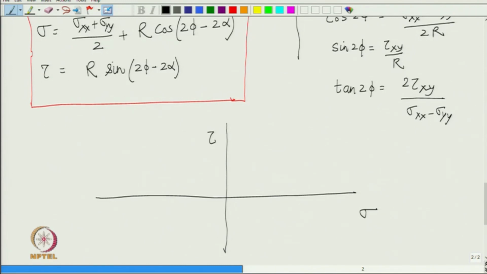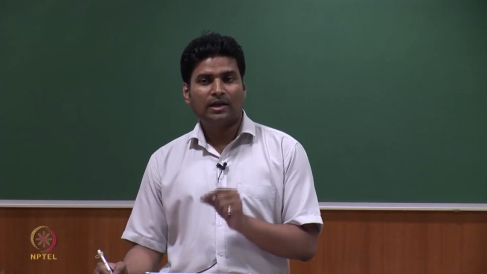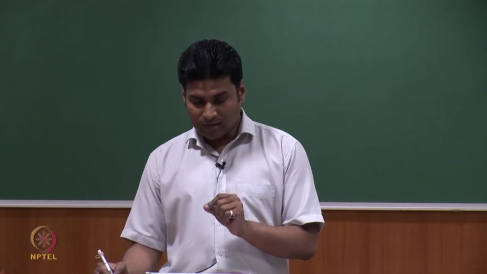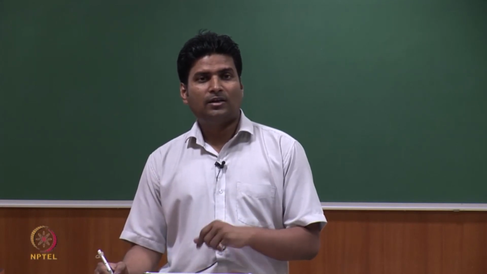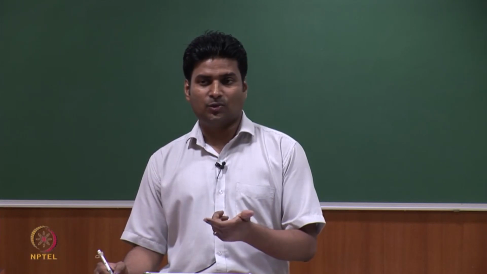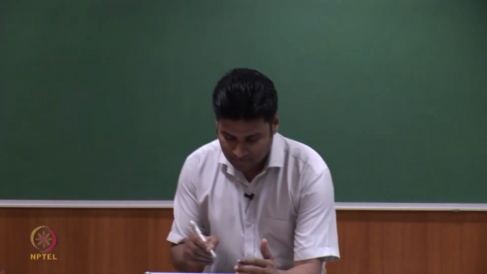On this plane, for every alpha you start putting a dot for sigma tau. Now, can you see what that formula is going to give you? So, that is going to give you a circle. What is the center of the circle? The center is such that on the sigma axis, the center is at sigma x x plus sigma y y by 2, and the y coordinate of the center is simply 0, right.